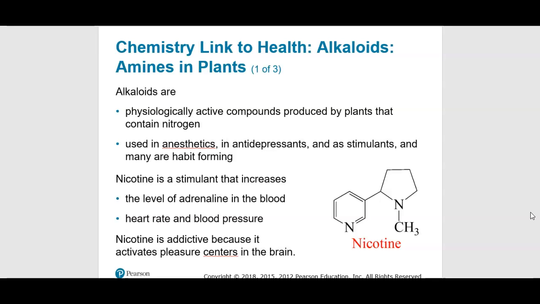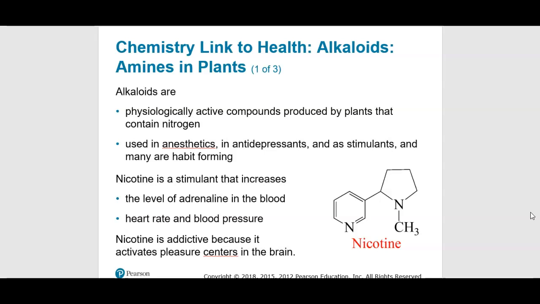You see nicotine's an amine. You see that ring with the nitrogen in it. There are a lot of other aromatic groups, okay, and you can replace a CH in a benzene ring with a nitrogen, and you're going to have something called pyridine. And then also, well, you see the 5-carbon ring with nitrogen in it.